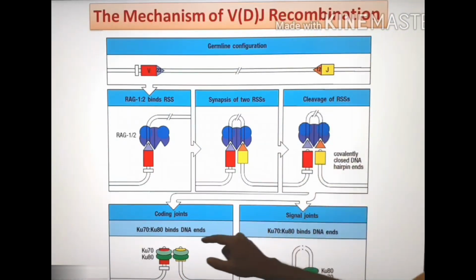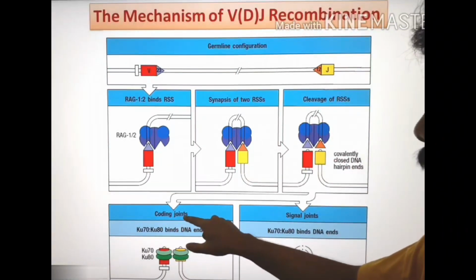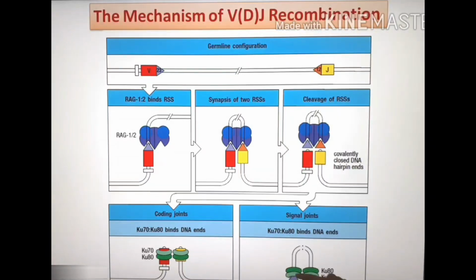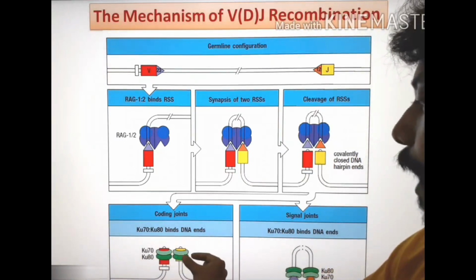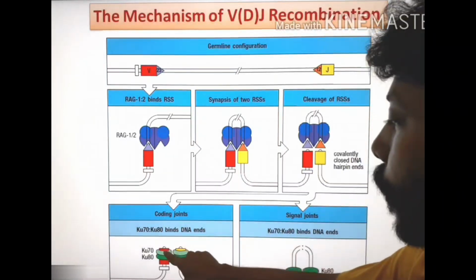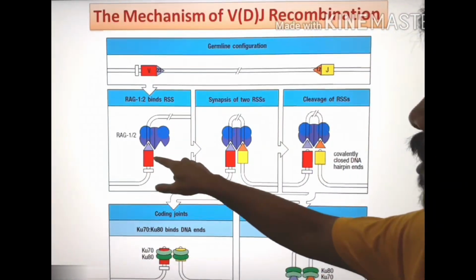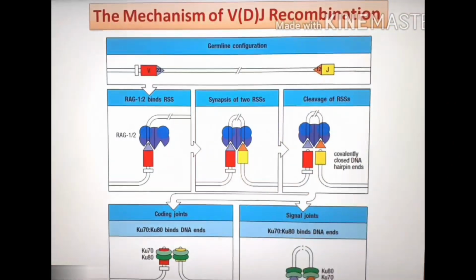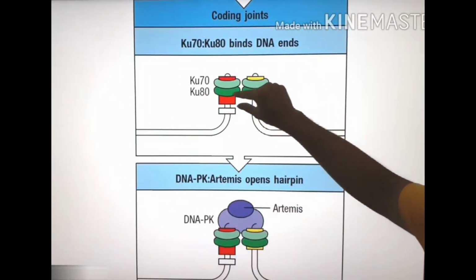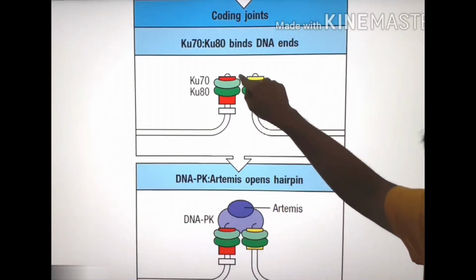The result is a coding joint where the V and J segments are present, and the generation of signal joints where the 23 RSS and the 12 RSS are present. Ku70 and Ku80 bind with the DNA ends, and you can see here the loop that is formed during the cleavage by RAG1 and RAG2. You can see the Ku80 and Ku70 proteins attach with the DNA segment, and this is the loop.